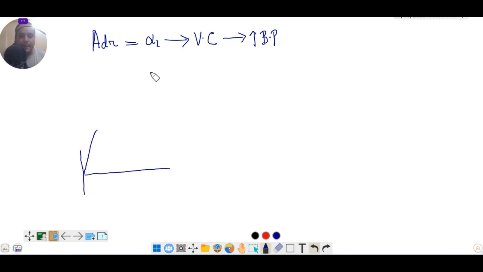Now after some time, there will be metabolism of this adrenaline and there will be reuptake of adrenaline. So once metabolism and reuptake of adrenaline starts to occur, the concentration of adrenaline is going to come down. As the concentration comes down, the BP will also start to come down.